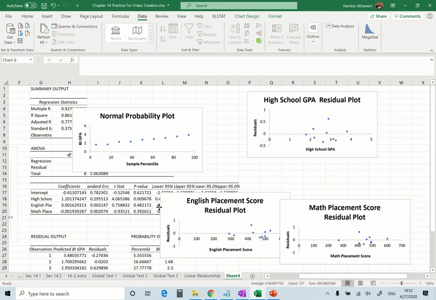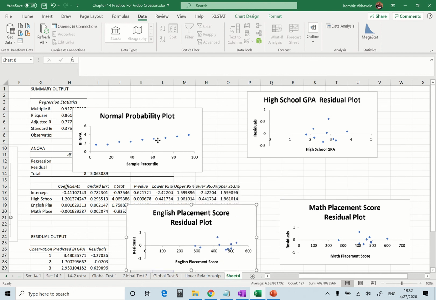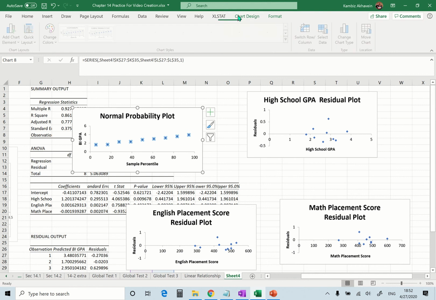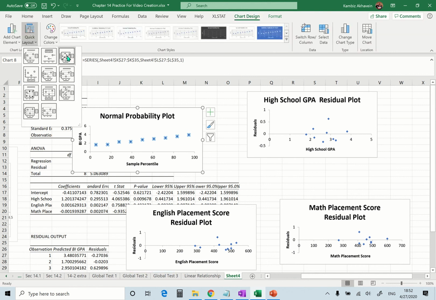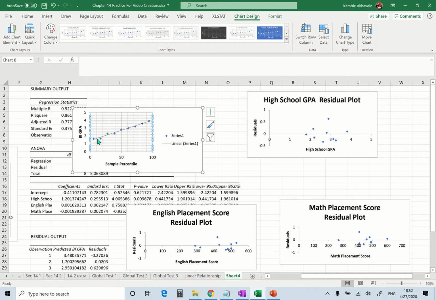This is the one that I check to see if residuals are normally distributed or not. How do I check this? If I click on the chart, go to my chart design, and take a line through it. If these points are very compact around the line, then it is normally distributed.